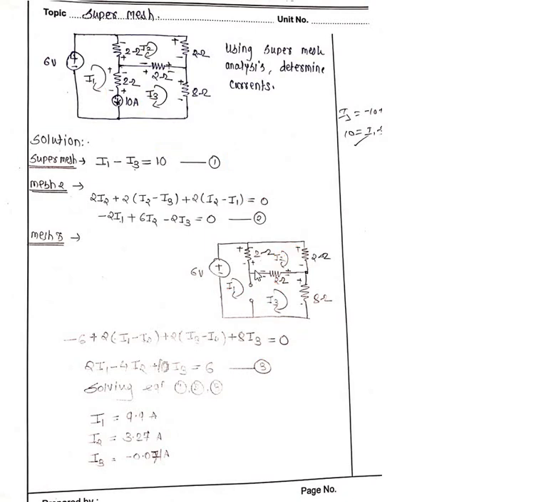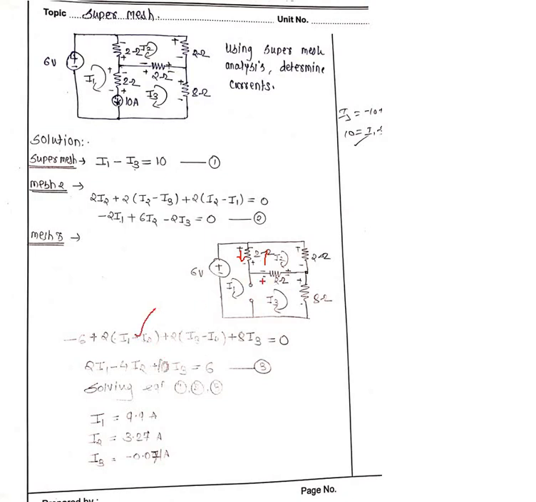Sir, from this one, you write the equation similar to mesh analysis. Yes. How do you write it? Here you can say it enters at the minus sign, so minus x into I1. Then on this side, the opposite side, downward and upward, so 2 into I1 minus I2.